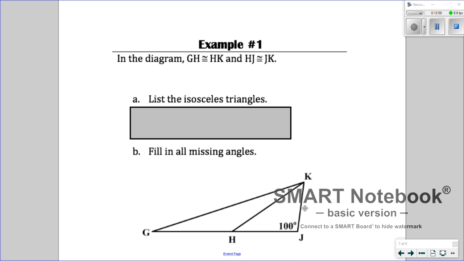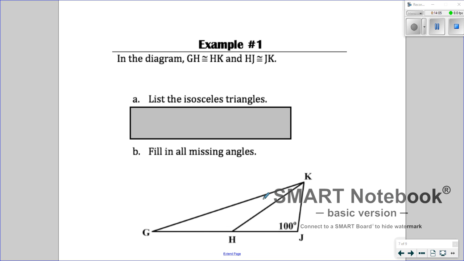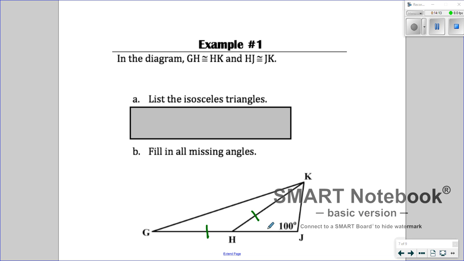It says in the diagram below, they said that GH, so I'm going to mark the congruency, GH is congruent to HK, and then HJ is congruent to JK.